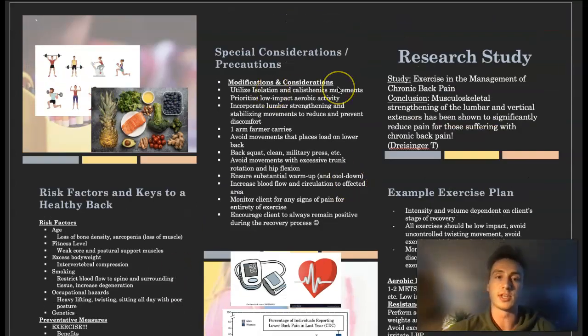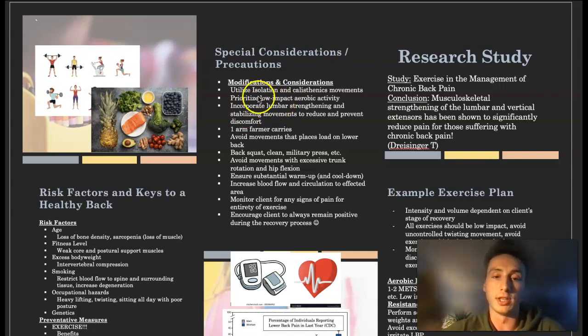So some special considerations and precautions for somebody with low back pain going into exercise. You want to utilize a lot of isolation and calisthenic movements, because you don't want to always be loading them with weight if they have irritation in that lower back. It's great if you have them doing body weight stuff.